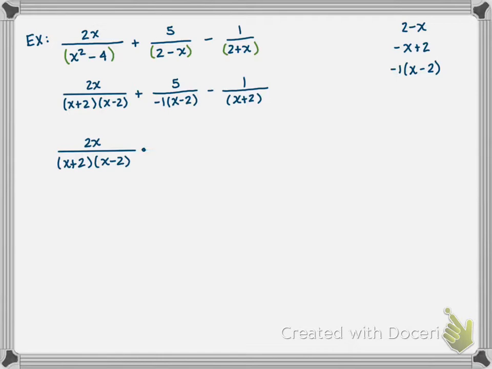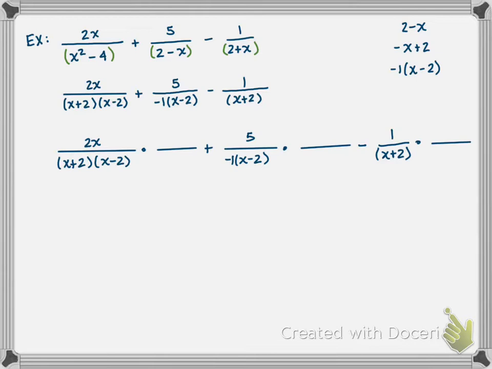Plus 5 over negative 1, x minus 2. I'm going to multiply that by something. And then minus 1 over x plus 2, which I'm going to multiply by something.